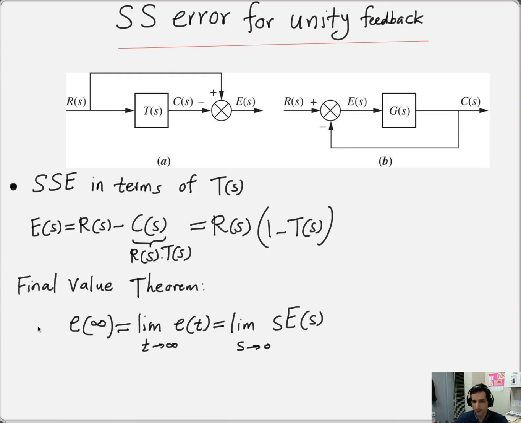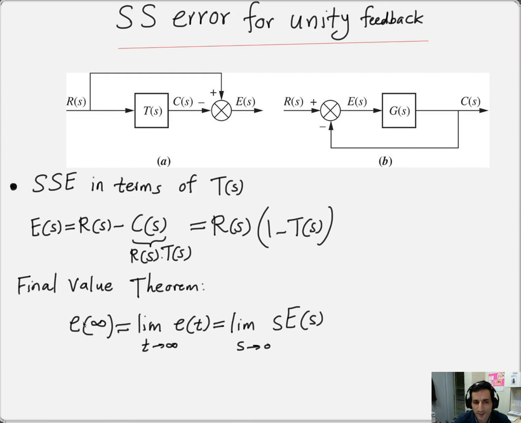We only define a steady state error for a stable system, because otherwise it's just going to diverge, and obviously your steady state error is just going to go to infinity. So those are not the cases that we are interested in. We are only interested in stable systems.